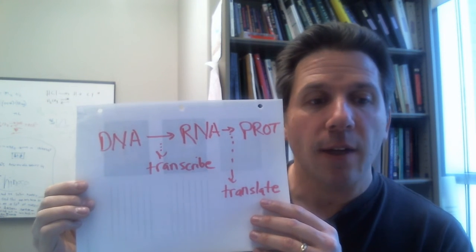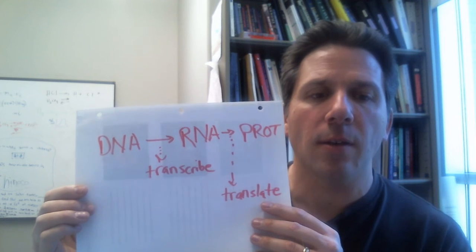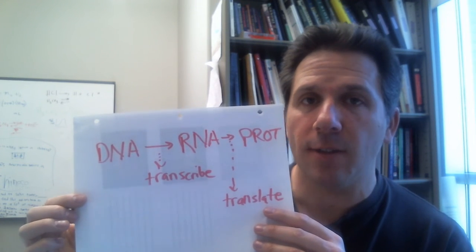The DNA to RNA is transcription, and RNA to protein is translation. So chapter 17 has to deal with the transcription and translation processes, not necessarily replication. That's chapter 16.